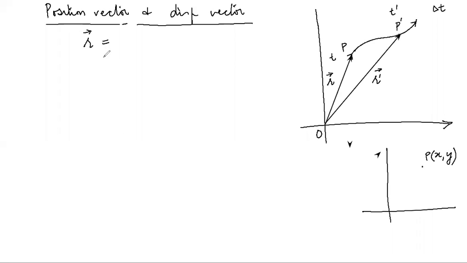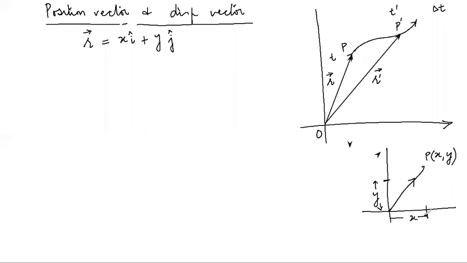So this position vector at point P can be represented as x i cap plus y j cap, where x and y are the coordinates of the point. You might call them components, this x and this y component.